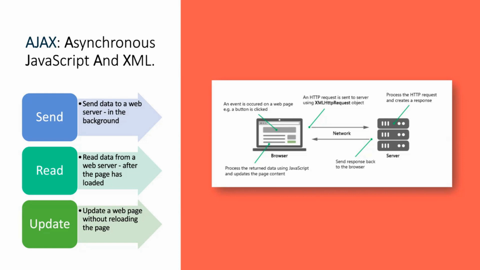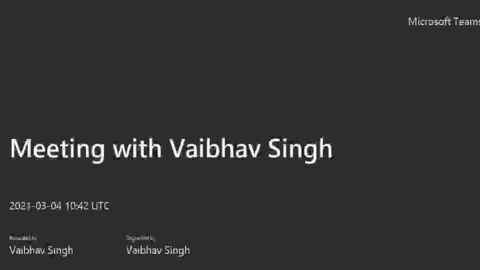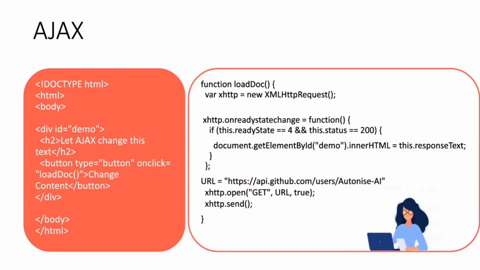Let's see how Ajax can do all of this with the help of some code. On the left, we have a very simple HTML page in which we have a division with ID demo.